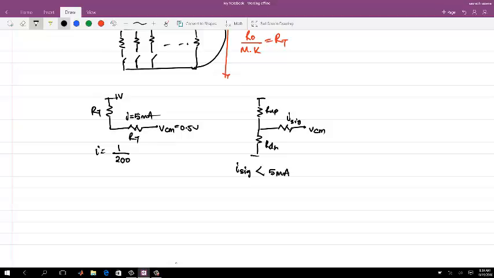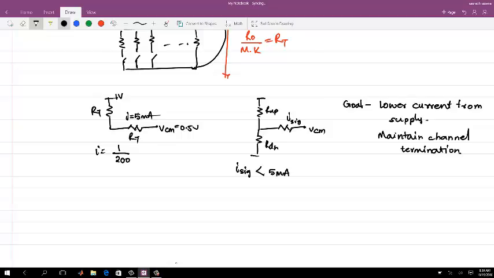Our goal is to lower current from supply and still maintain channel termination. We have to satisfy both of these.